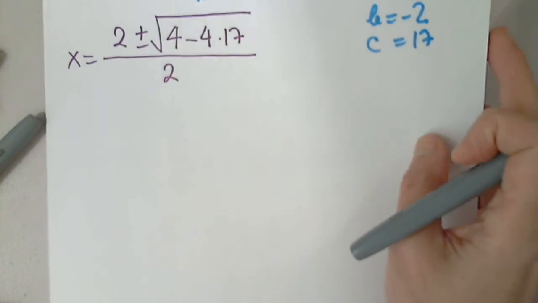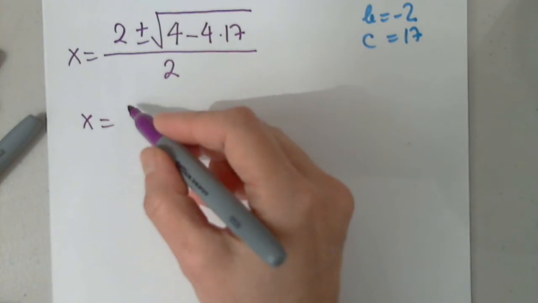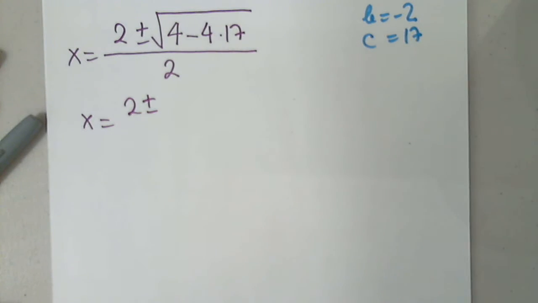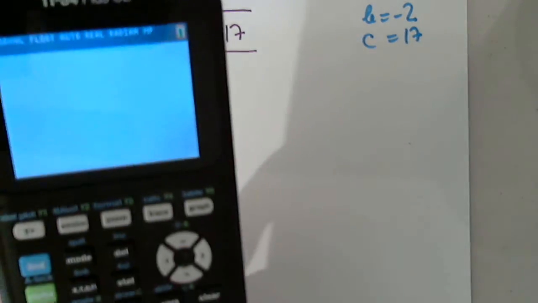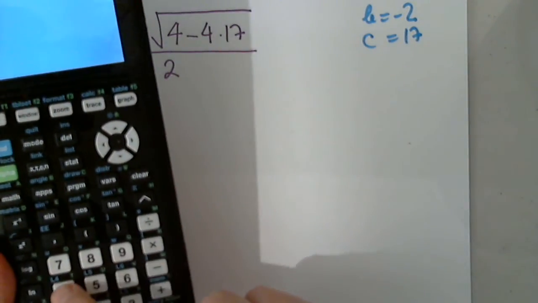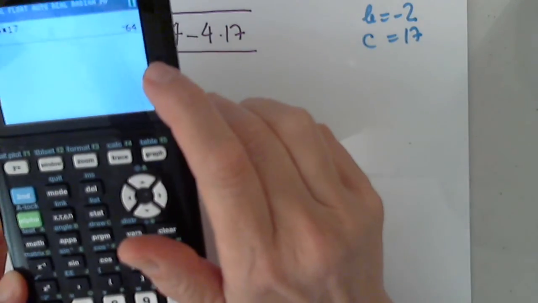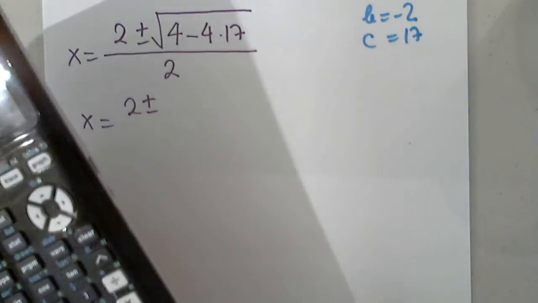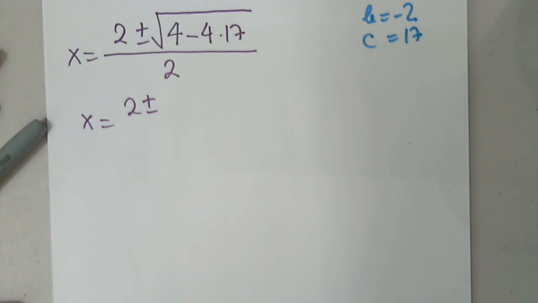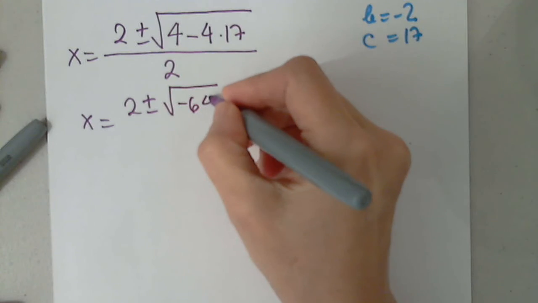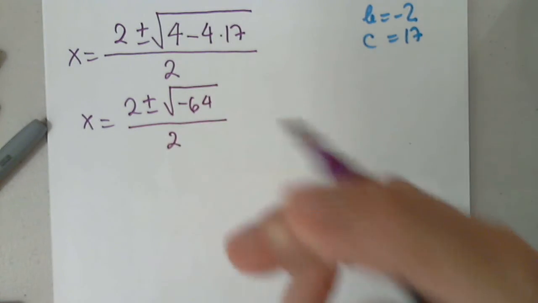At this point, I have x equals 2 plus or minus. I would have factored and done that differently, but let's say I'm just going to calculate it with the graphing calculator. So I have 4 and minus 4 times 17, and the answer is negative 64. So negative 64, I did not apply the square root yet, and divided by 2.